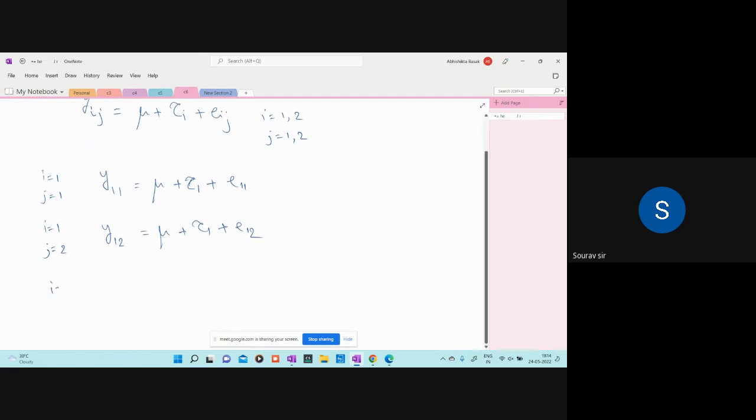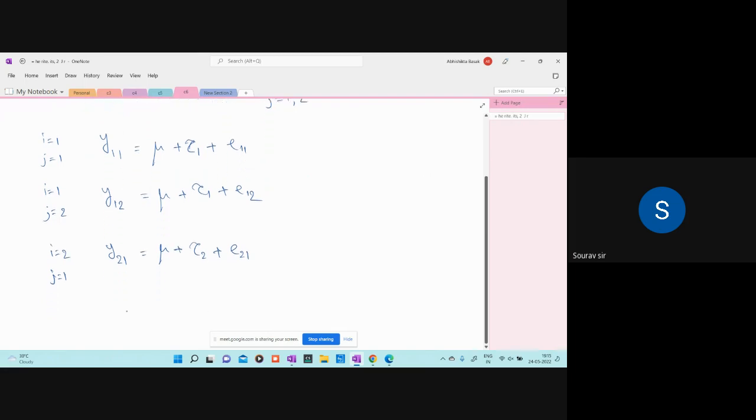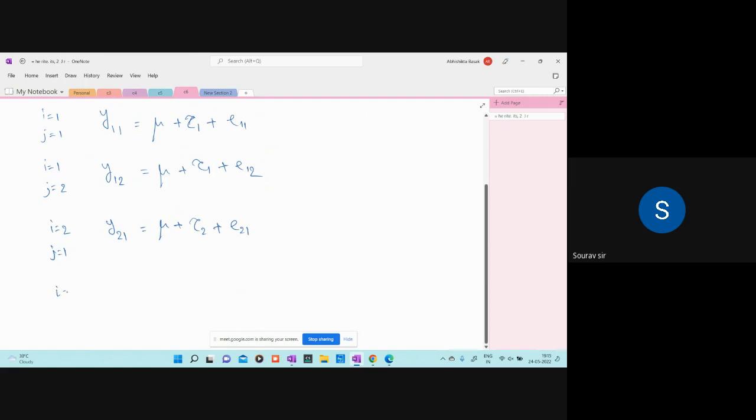Fixing i at 2, j at 1, that will be y21 = mu plus tau 2 plus e21, and another term for i equals 2 and j equals 2, that is y22 = mu plus tau 2 plus e22. So, is it possible to estimate tau 1 and tau 2 together?